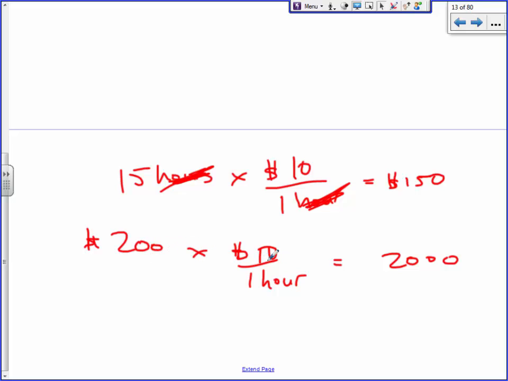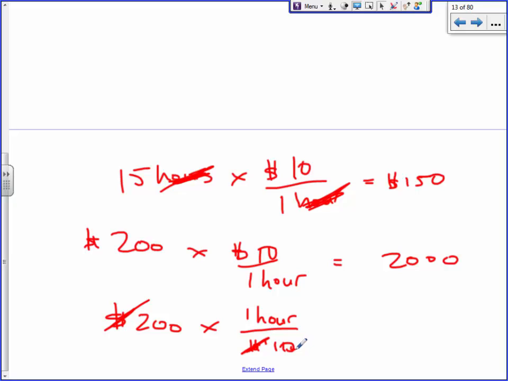So what I need to do on this one is flip the way this fraction works. Rather than writing the 10 on the top and the 1 hour on the bottom, I'm going to put the 1 hour on the top, and I'll put the $10 on the bottom. You can see how this money unit will cancel with this money unit.